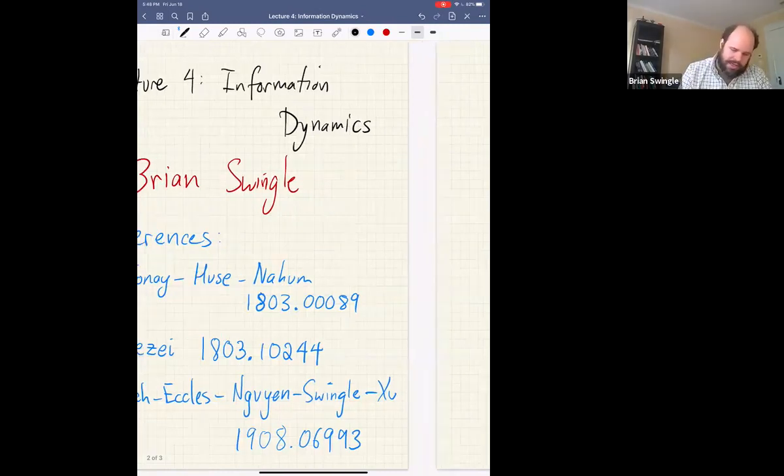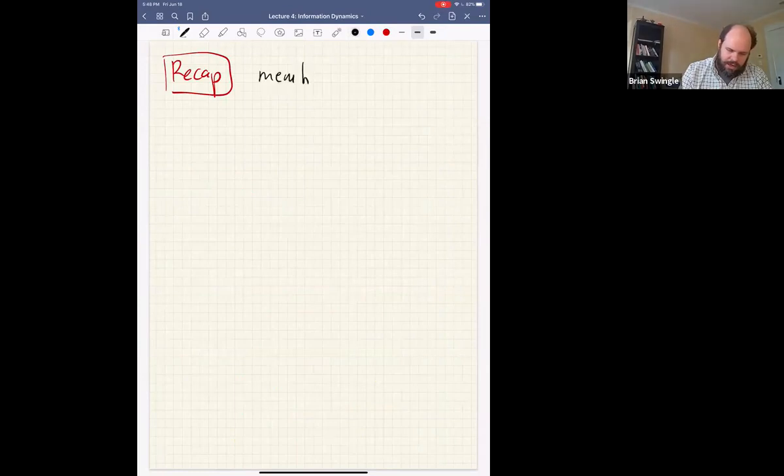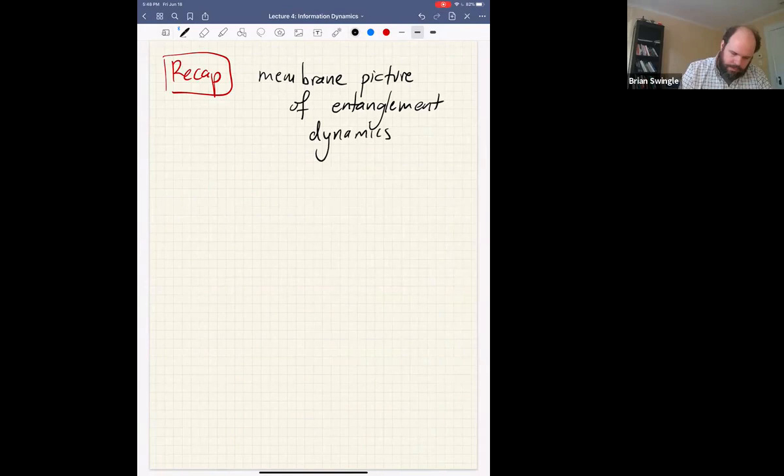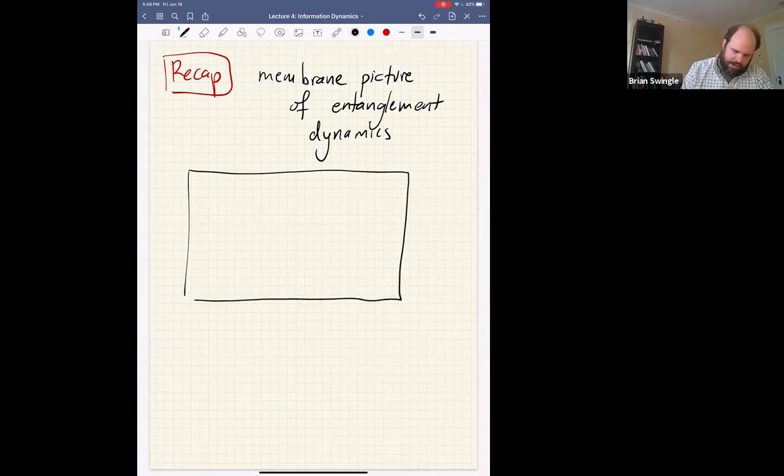What we talked about last time was this membrane picture of entanglement dynamics. In particular, we had a picture of a circuit, which I kept drawing as this empty box.